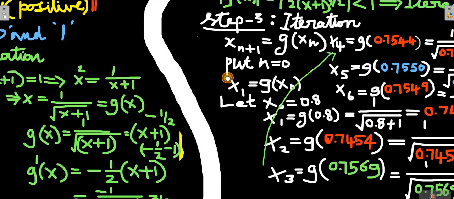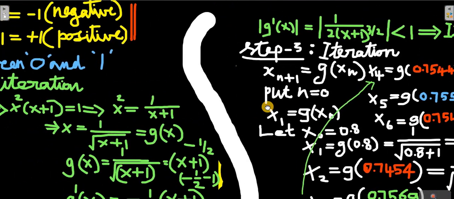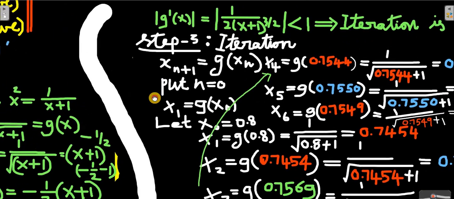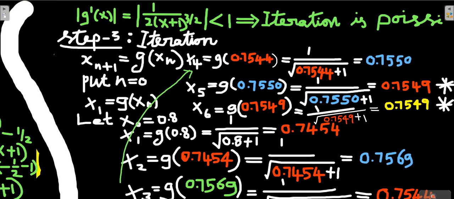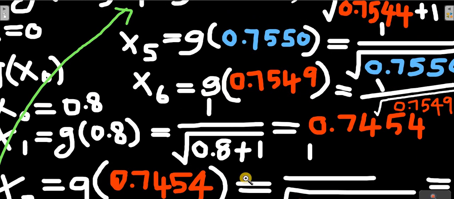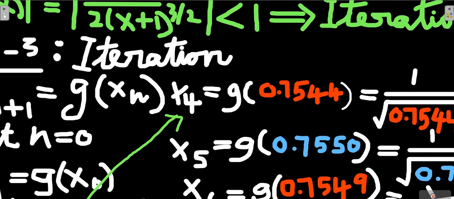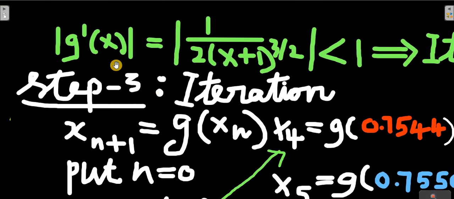Now let us look at that. Now I am taking the absolute value both sides. Look at that, a very close look of that. This is what g dash of x equals 1 by 2 into x plus 1 to the power 3 by 2.